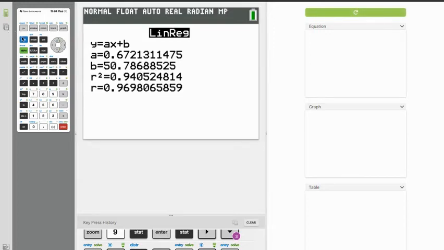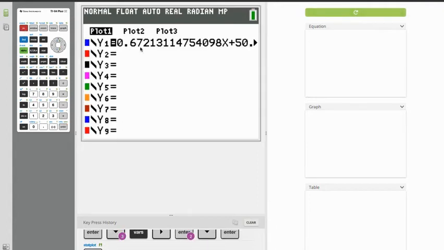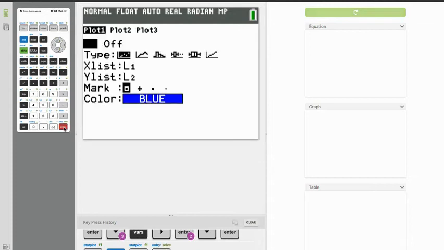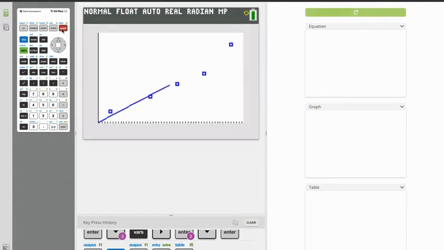Then to make a scatter plot, first thing you'll notice, if you go to Y, it automatically puts that equation in there. That's what we did when we stored the equation. But then if you hit second y equals, we get to the stat plot menu. We turn it on. It's a scatter plot. We want to make sure our list 1 and list 2 is what we're using. We hit graph.